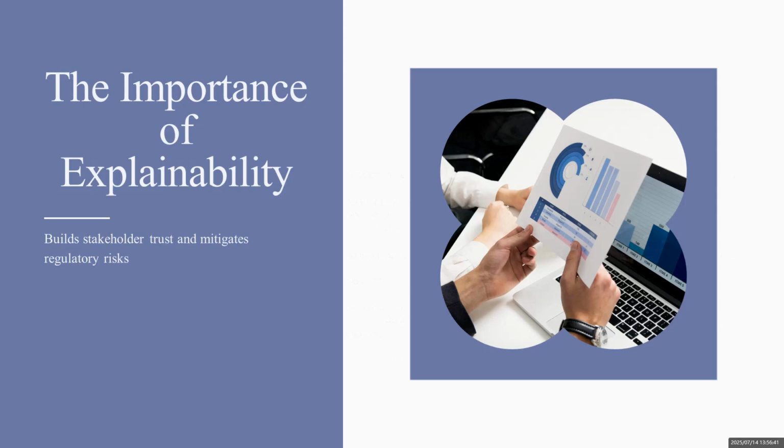All right, so let's talk about the importance of explainability: building stakeholders' trust and mitigating regulatory risks. Like the name implies, explainability simply means giving more insight and providing more information into a model's predictions.